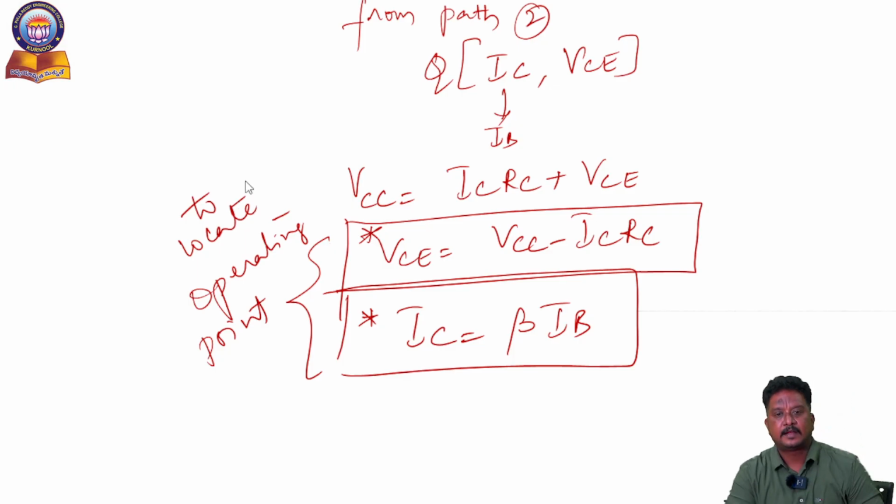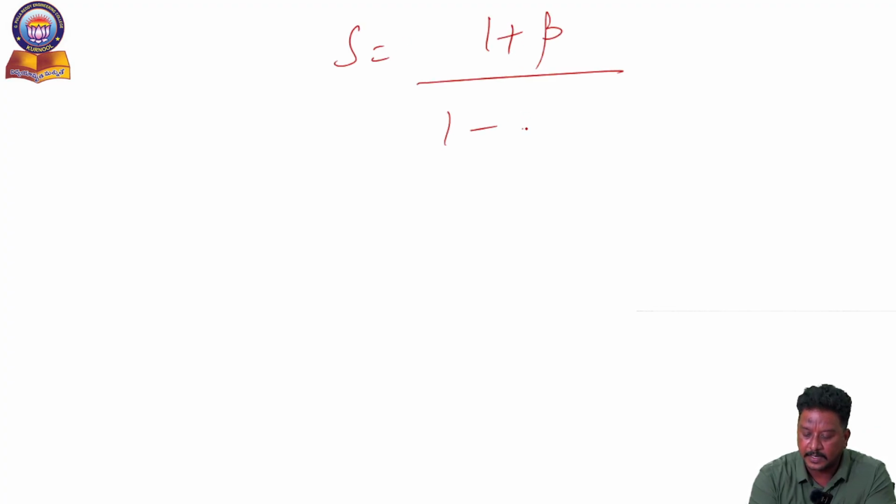So finally, I have located the DC load line as well as the operating point for the fixed bias circuit. Now we have to find the stability factor, to see whether this circuit is useful in a practical scenario or not. From the basic definition, S is equal to 1 plus beta by 1 minus beta into the change of base current with respect to collector current.